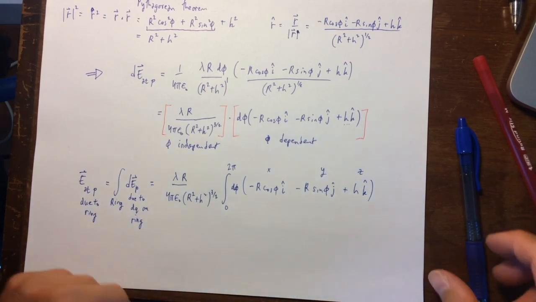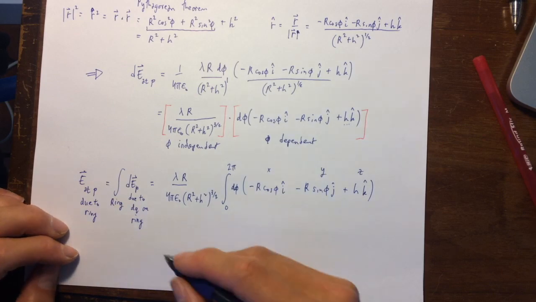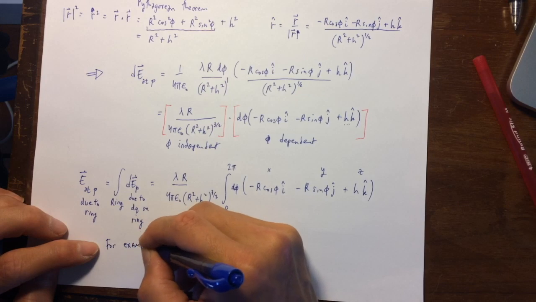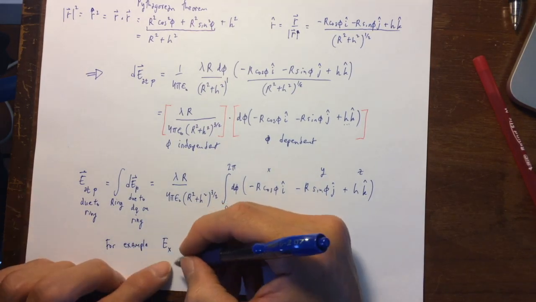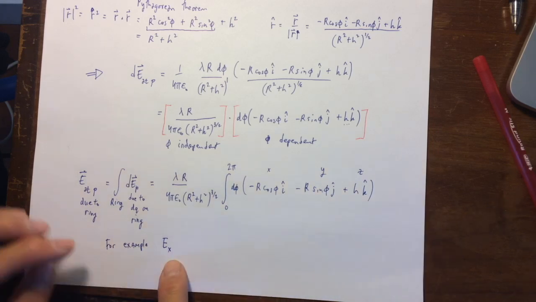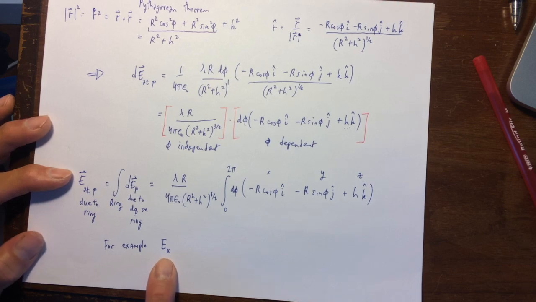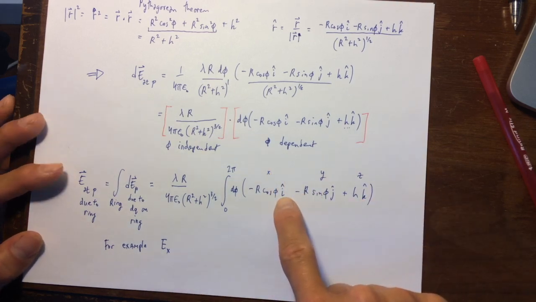Okay, and so, for example, the x component of the electric field. The electric field is a vector, but I'm going to describe only the x component. The x component is the thing that has an i hat on it.